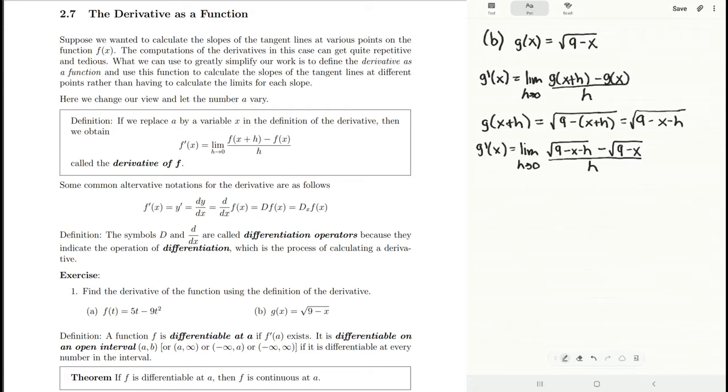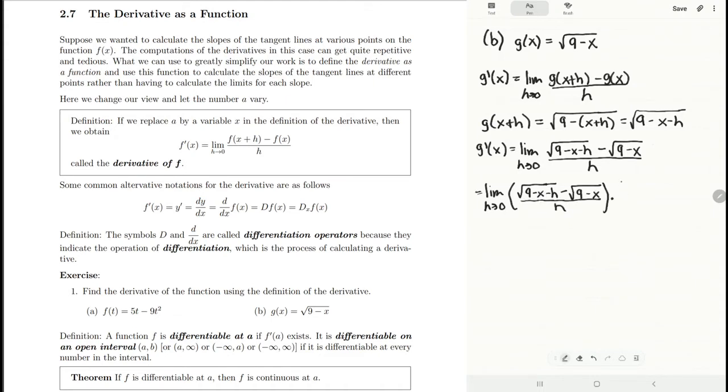And so now to calculate this limit, we will want to use the conjugate since we're dealing with square roots. So we're going to multiply the numerator and denominator by the conjugate of the root of 9 minus x minus h minus the root of 9 minus x.